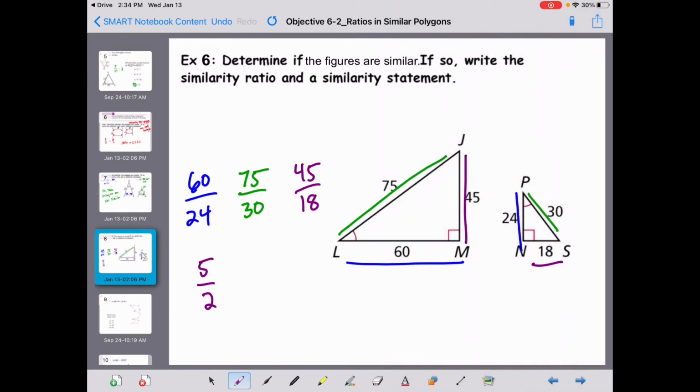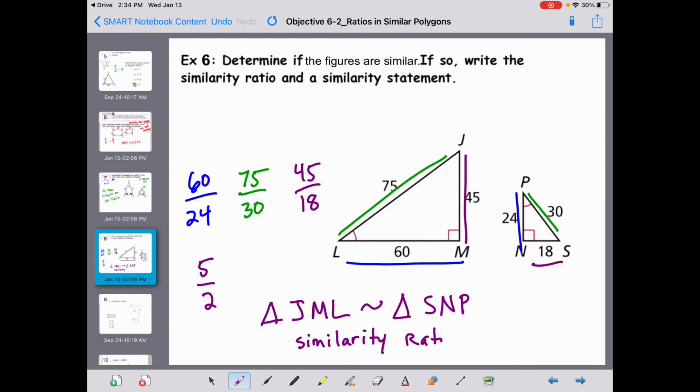So I'm going to say triangle JML is similar to triangle SNP, and the similarity ratio is 5:2.